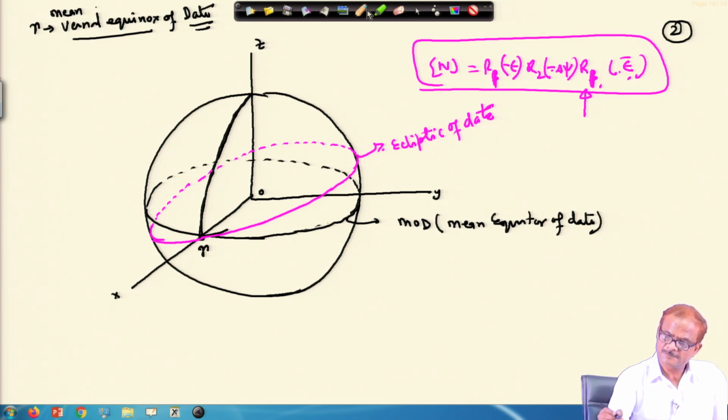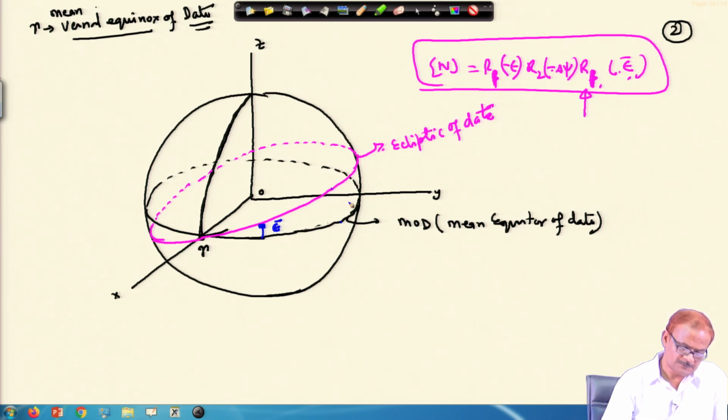The first rotation we give here from this point to this point, and this is your epsilon bar. That means this axis will move from this point to this point.